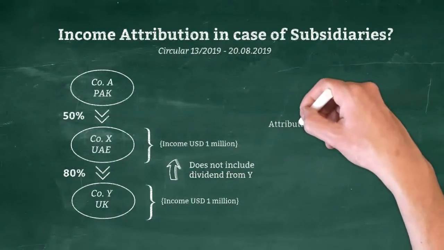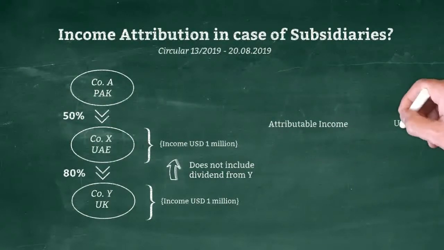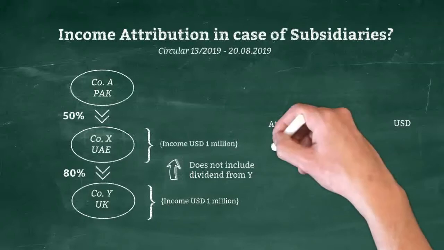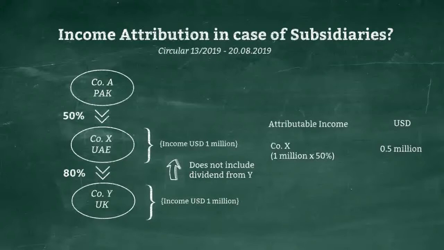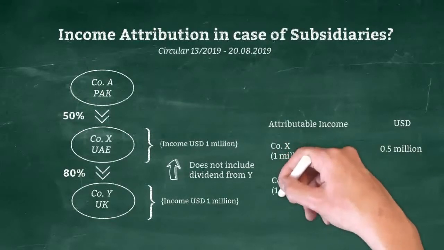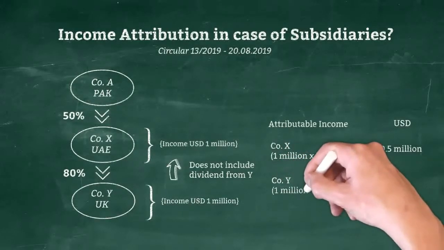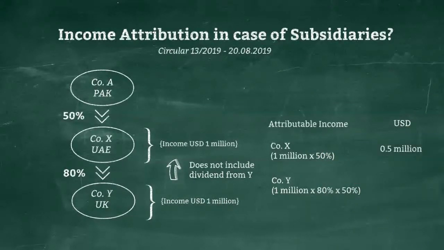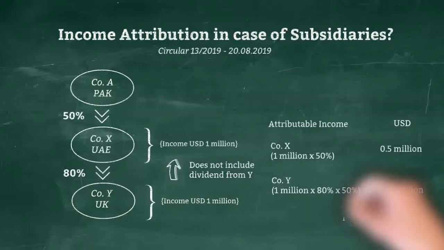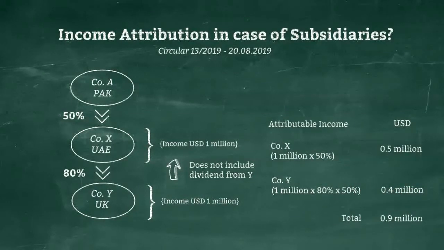In this scenario, the attributable income for Company A in Company X works out at $0.5 million with 50% shareholding, whereas in case of Company Y, with $1 million income multiplied by 80% shareholding of Company X and then multiplied by 50% shareholding of Company A, works out at $0.4 million. The total attribution for these both CFCs will work out at $0.9 million US. This is how the income shall be taxed under the CFC regime in case of subsidiaries.